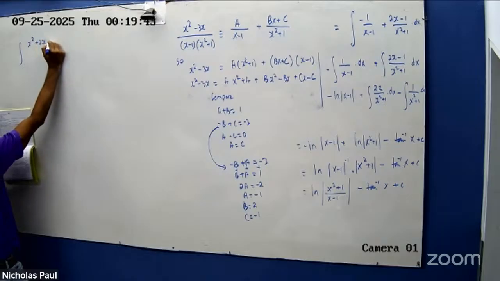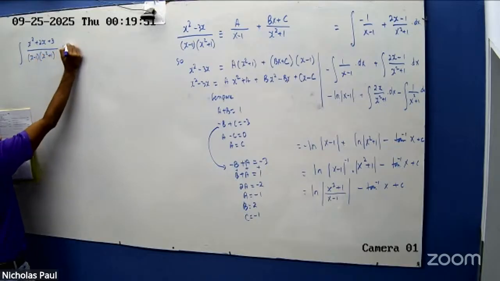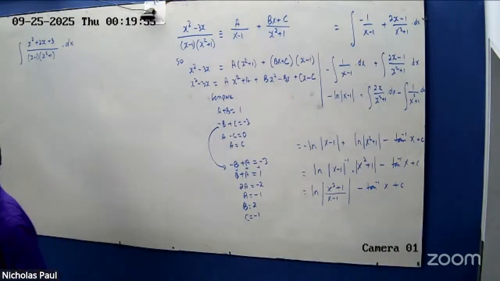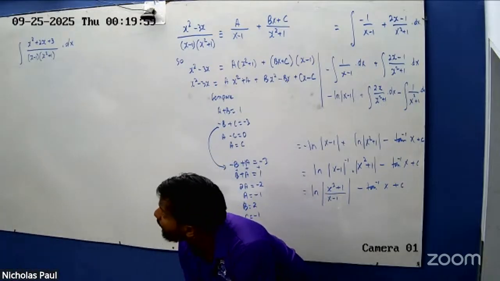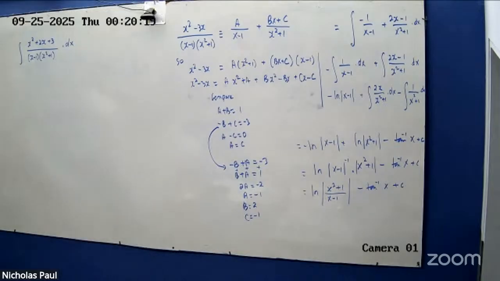X squared plus 2x plus 3 all over x minus 1 times x squared plus 1. Integrate that. This one is from 2016.